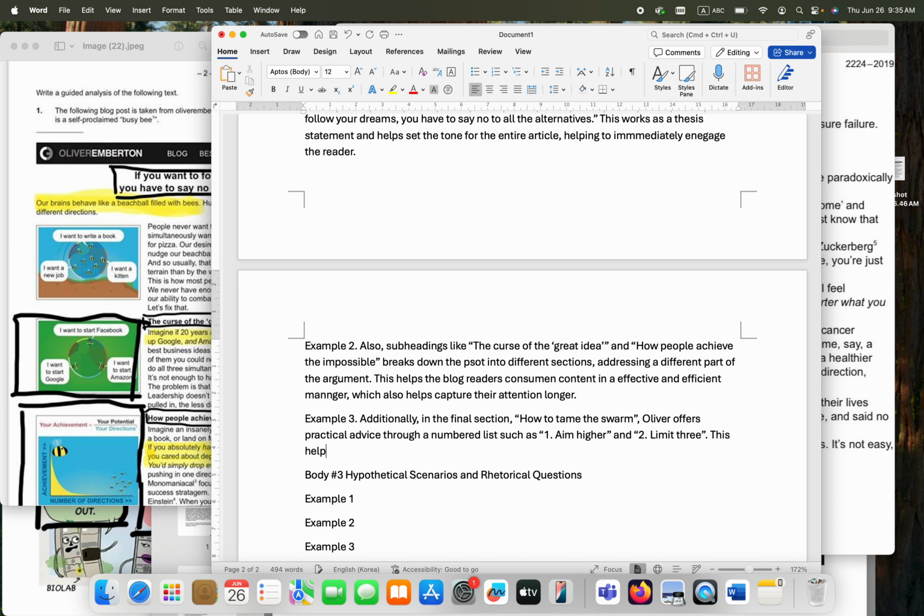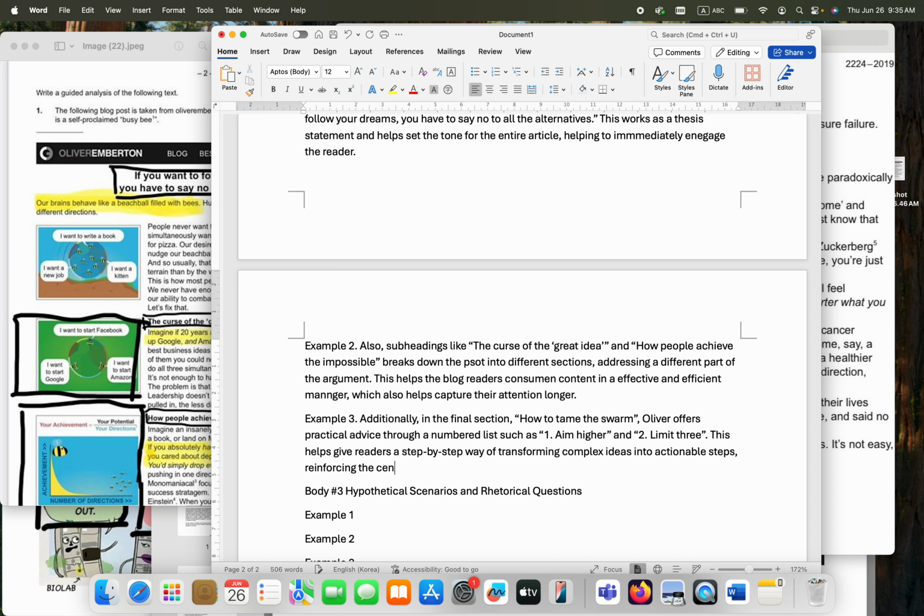This helps give readers a step-by-step way of transforming complex ideas into actionable steps, reinforcing the central argument clearly.